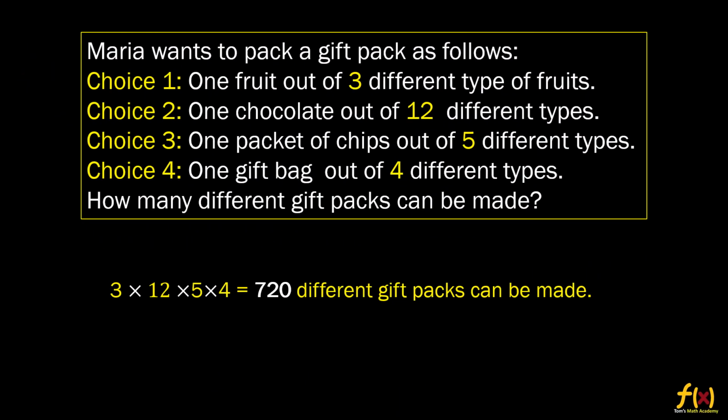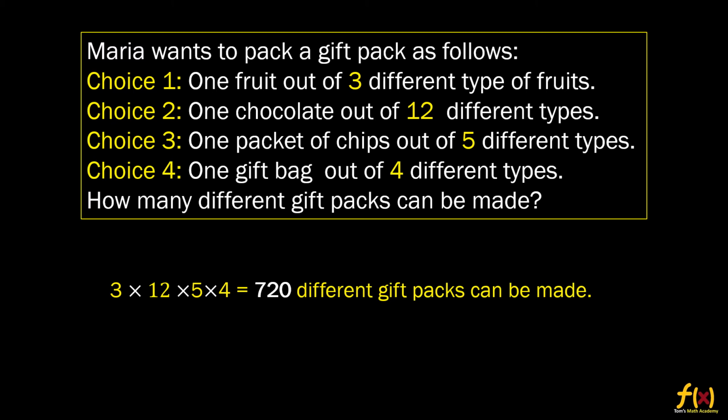Another example, Maria wants to pack a gift pack as follows. 1 fruit out of 3 different types of fruits, 1 chocolate out of 12 different types, 1 packet of chips out of 5 different types, and 1 gift bag out of 4 different types.